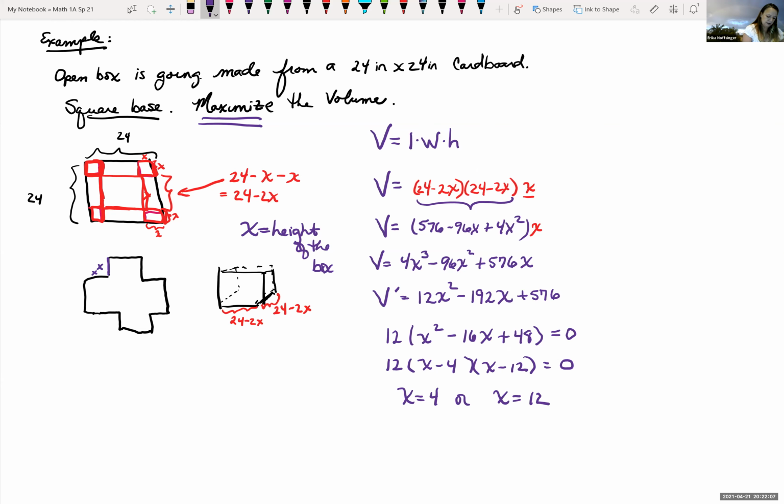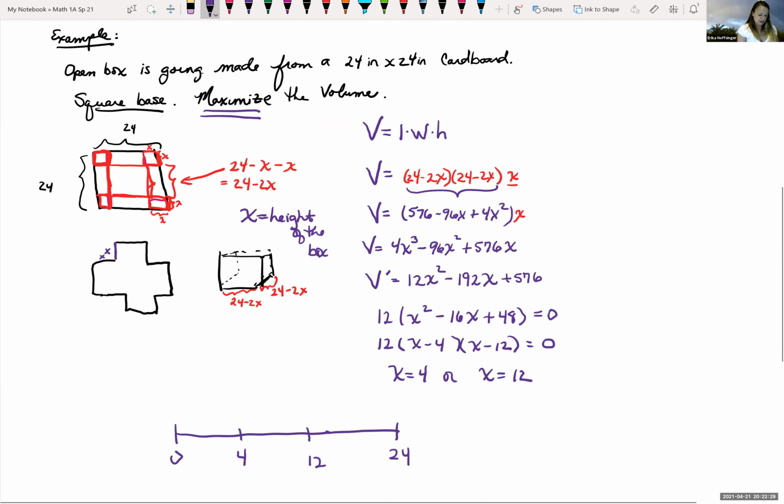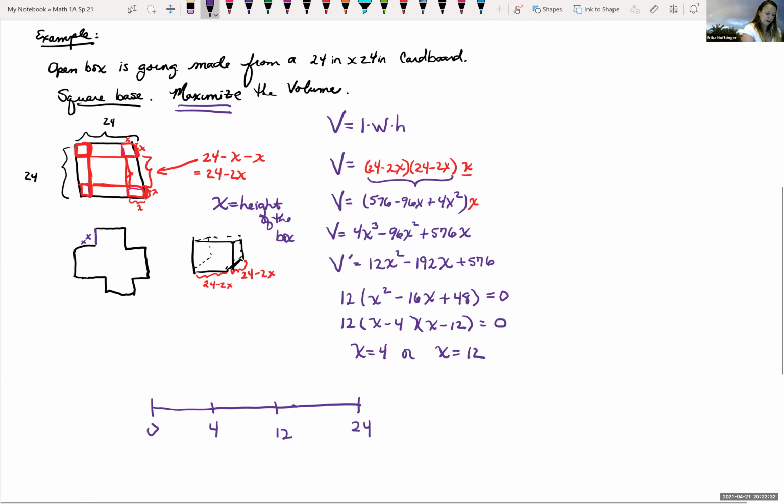So we want to maximize, and we want to see which one is a maximum. So let's look at this. Let's just maybe look at it this way. If this is 0 to 4 to 12 to 24, and we chose something and plugged it into our first derivative between 0 and 4 using the first derivative test, how about x equals 1? Let's look at it in the factored form. That way we can just look at, is it positive or negative?